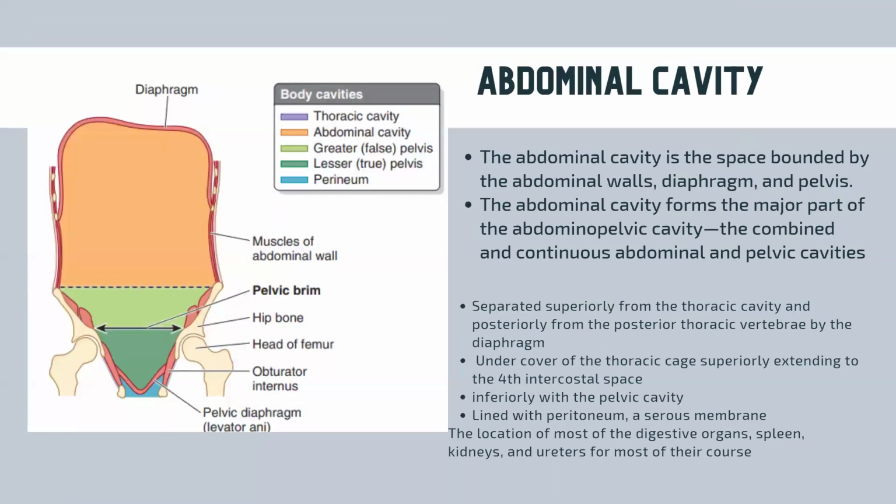Now, this is the abdominal cavity, and you see the diaphragm superiorly, which goes up to the fourth intercostal space as the diaphragm moves upward and downward, and inferiorly the pelvic cavity. The lining inside the walls of the abdomen is called the peritoneum. It is a very important structure, a serous membrane covering most of the digestive organs.